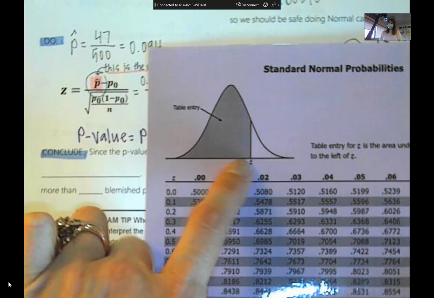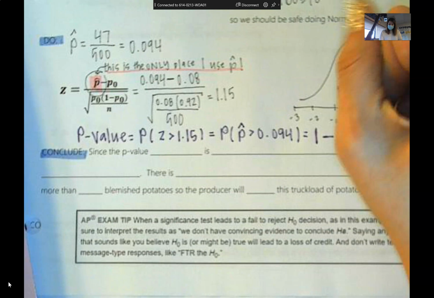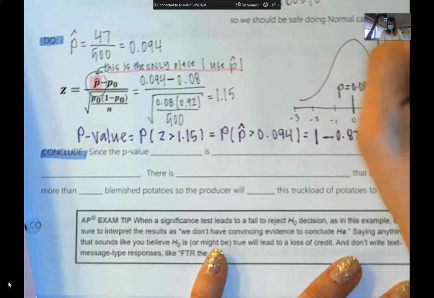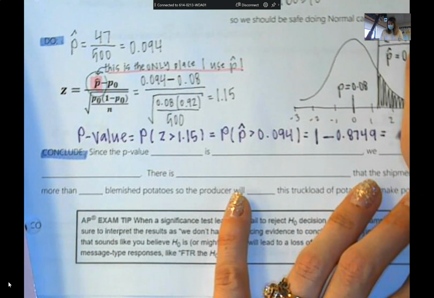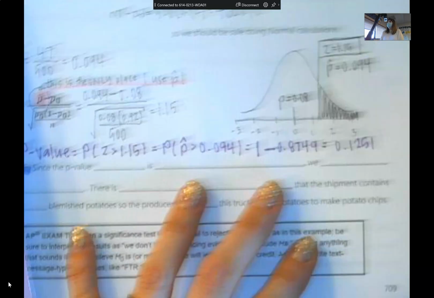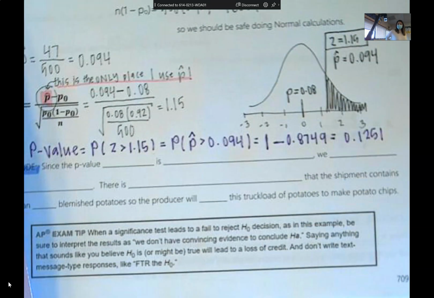So this gives us the area to the left, and that's why we're subtracting it from 1. So 1 minus 0.8749 gives us a p-value of 0.1251. So that's 12.5%.